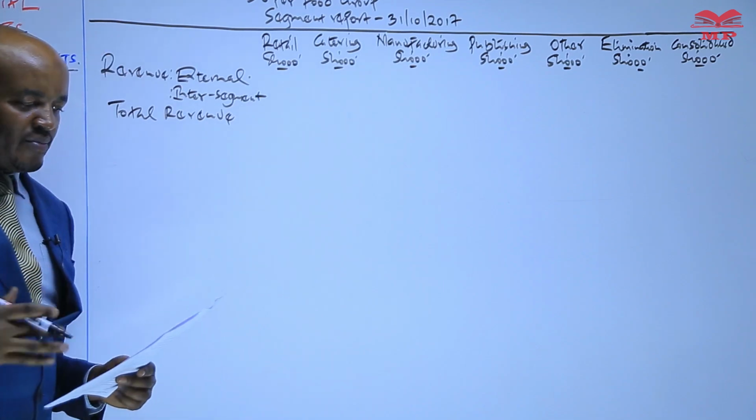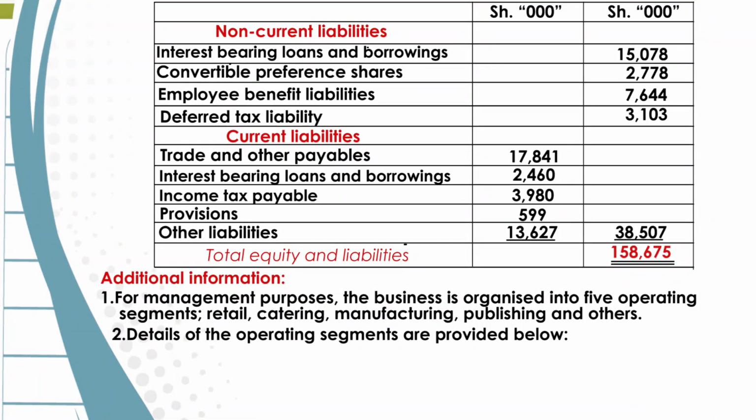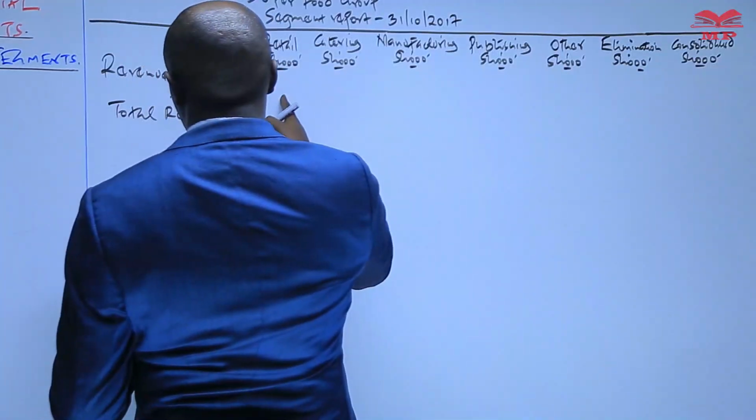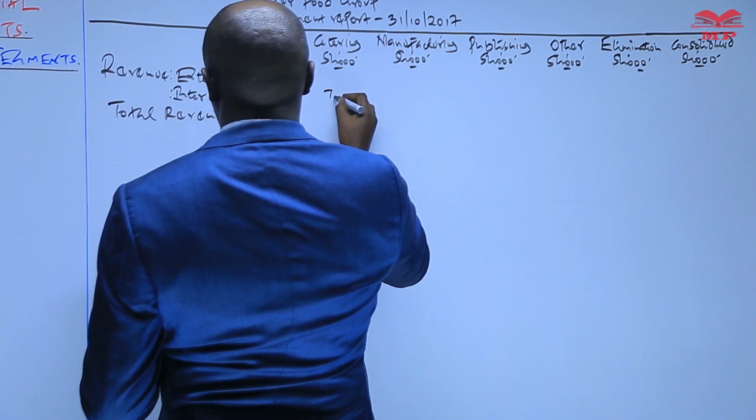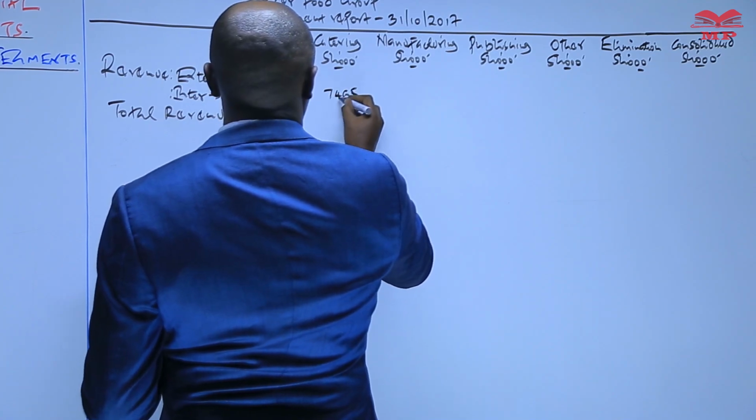Now, if we go back to the additional information number 2, we are given the revenue for the segments there. First of all, we have the total, and then we have the inter-segment. So let's first of all record the inter-segment because this is given. For the first segment it is 0. The other one is 74.65.